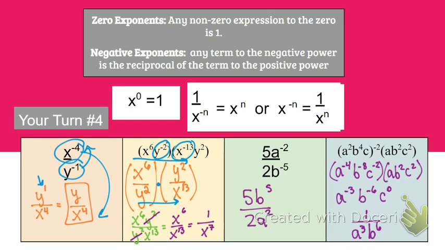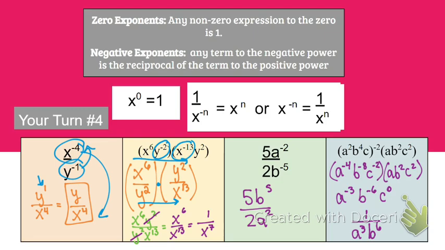So essentially they cancel out. And then I've got a quotient rule where I've got the same base, so I know I'm going to keep the same base, and I'm going to subtract the exponents. So 6 minus 13 is negative 7, and then of course a negative exponent means that it ends up moving into the denominator. So I've got an x to the 7 in the denominator.